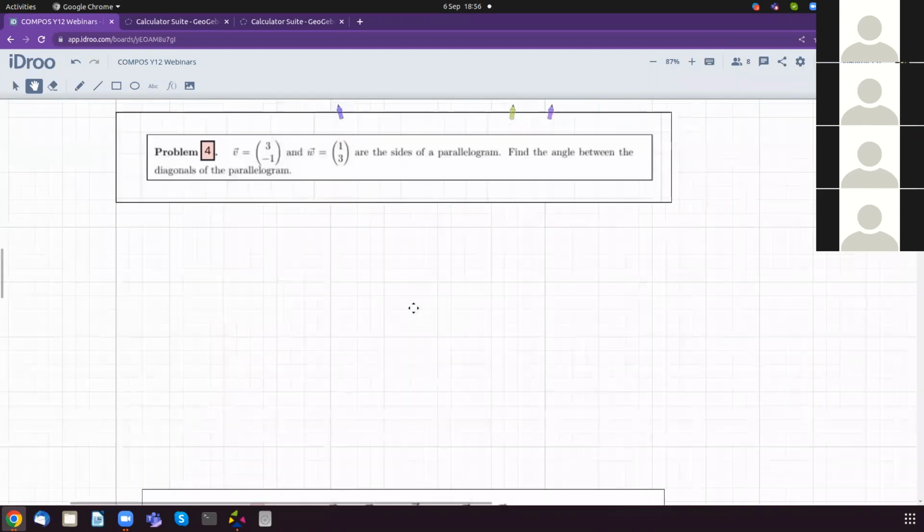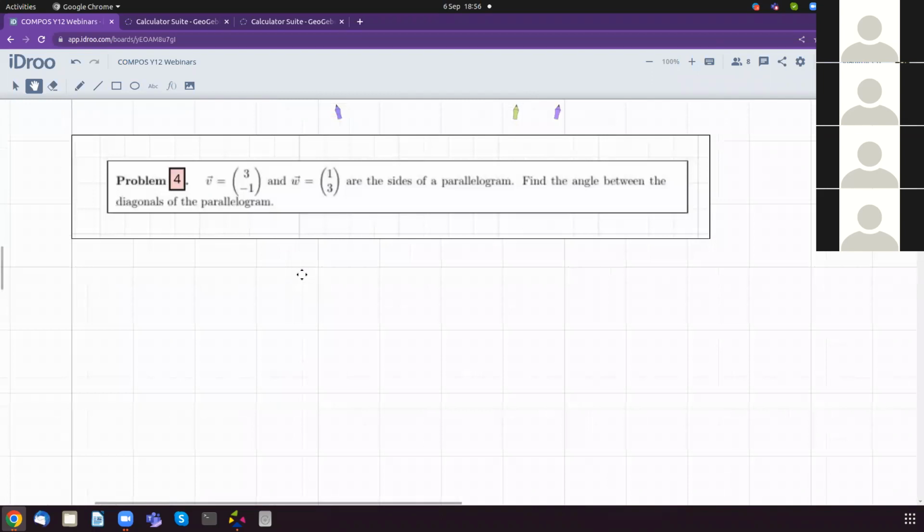Well done. Problem 4. V and W are the sides of a parallelogram. So a diagram is in order. Always try starting with a diagram, especially in physics.